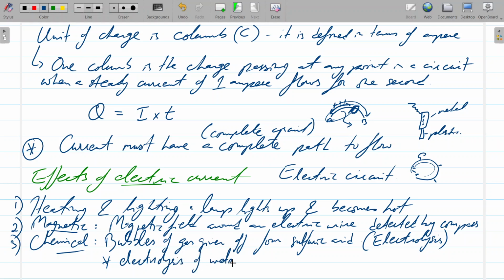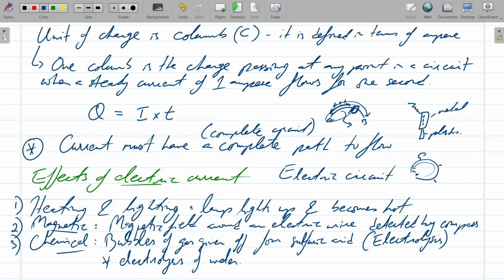Because water is not a good conductor of electricity on its own, actually it's a poor conductor of electricity, what they do to have electricity pass through water is they acidify the water by adding sulfuric acid to it. Because sulfuric acid has ions, the hydrogen ions and the sulfate ions, the positive and negative ions, those allow electricity to pass through.